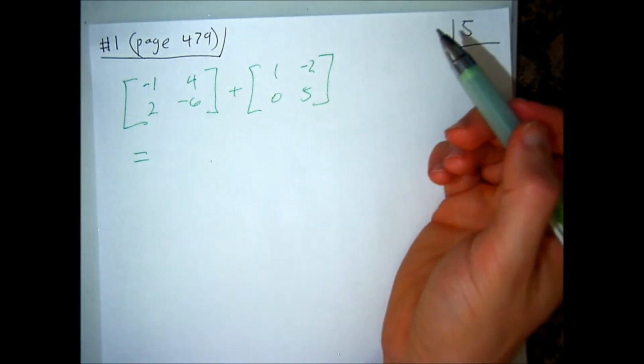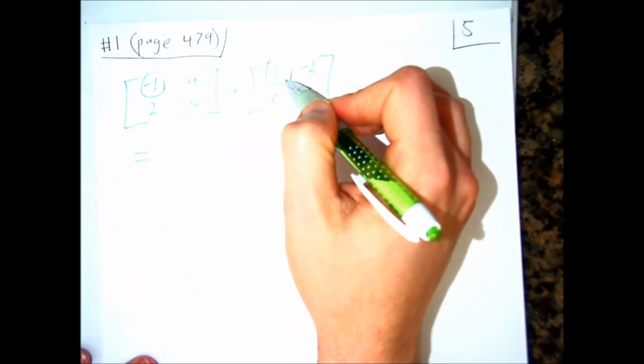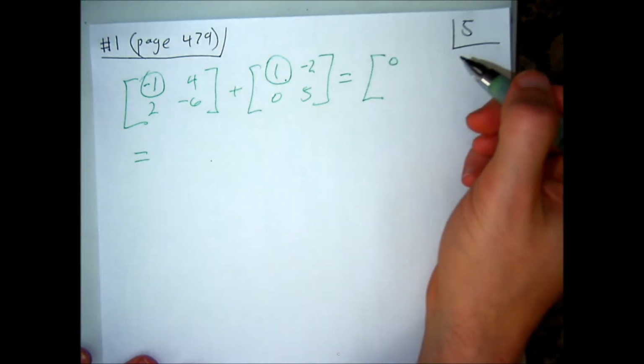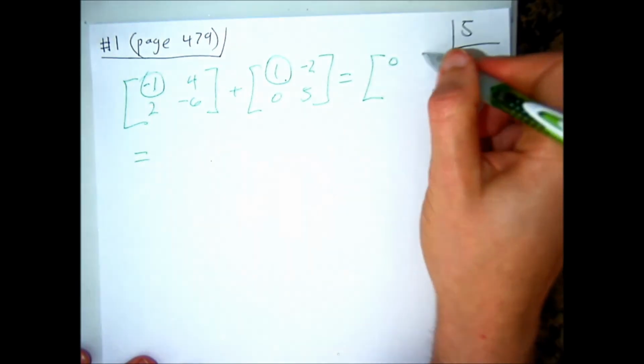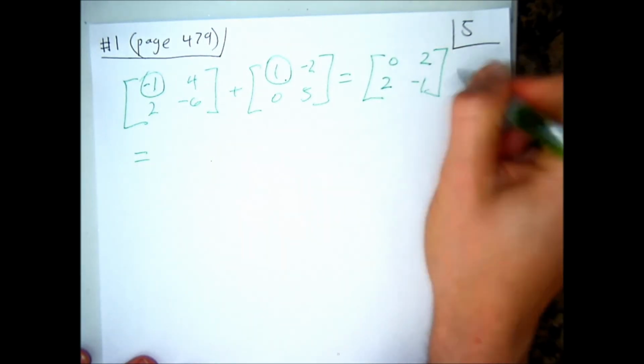So again, with addition, you're just matching, right? This element goes with this element. So -1 and 1 gives me 0. 4 and negative 2 give 2. 2 and 0 gives me 2. Negative 6 and 5 gives me negative 1. That's my answer.